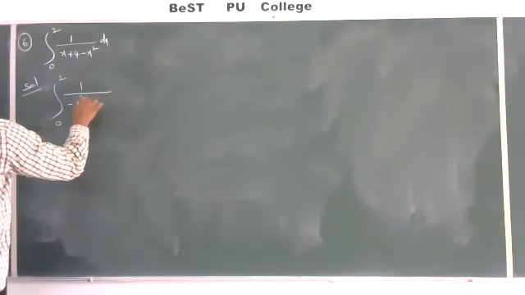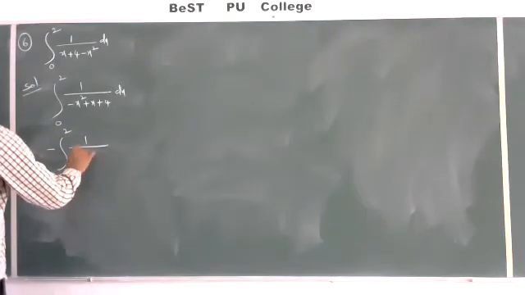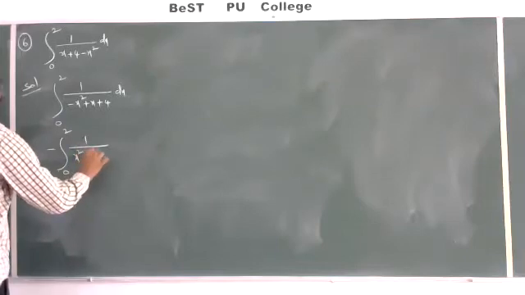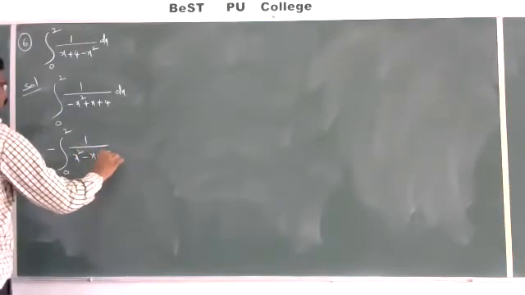Solution: integral 0 to 2, 1 by minus x square plus x plus 4 dx. So first you take minus common, that is minus integral 0 to 2, 1 by x square minus x minus 4 dx.